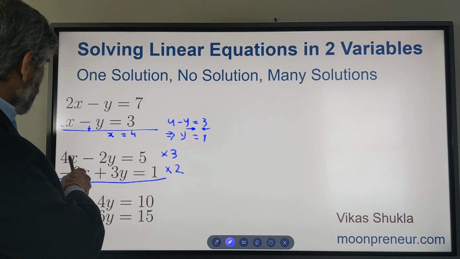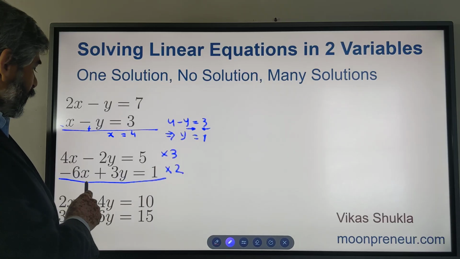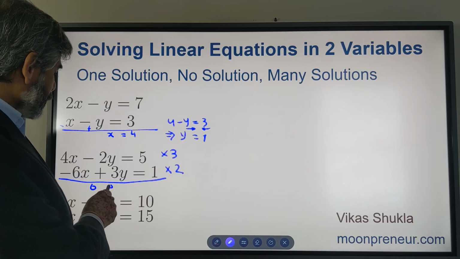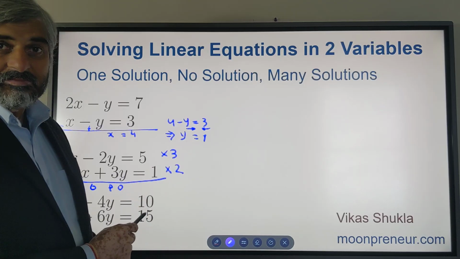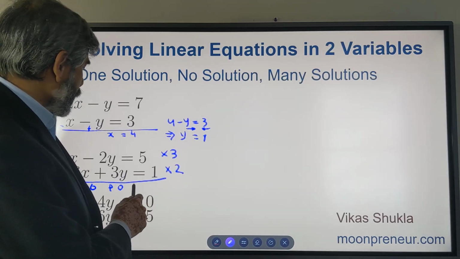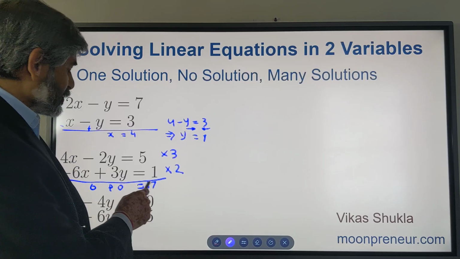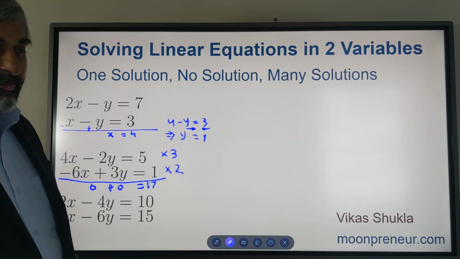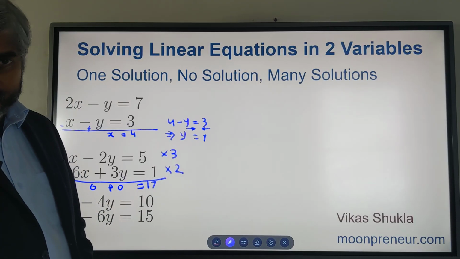At the same time, 4 times 3 becomes 12x here, and 6 times 2 is 12x, so this becomes 0. And we have 5 times 3, 15, plus 2 is 17. It is giving an equation 0 equal to 17, which means that this equation has no solution.